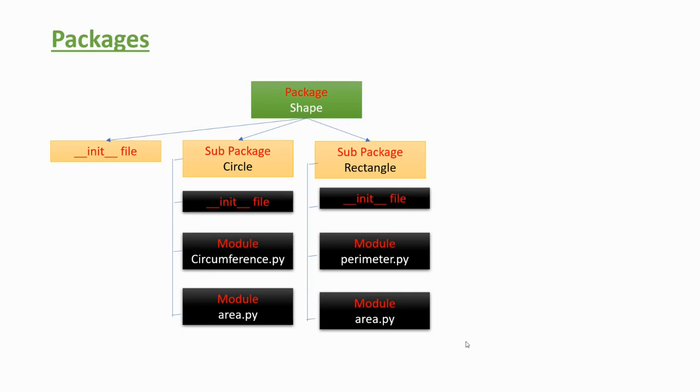Under that we will create the sub packages circle and rectangle, and inside the circle we will create two Python files, that we call modules, called circumference and area. Similarly, under the rectangle, we will create the files perimeter and area. So remember, the file name can be the same across two different packages or sub packages. Let's go ahead and see how we can implement them.